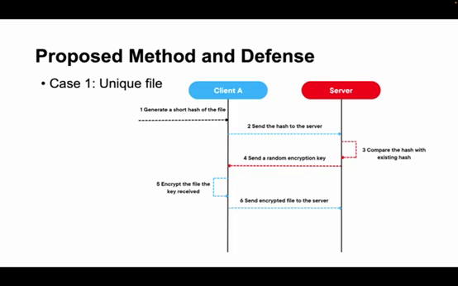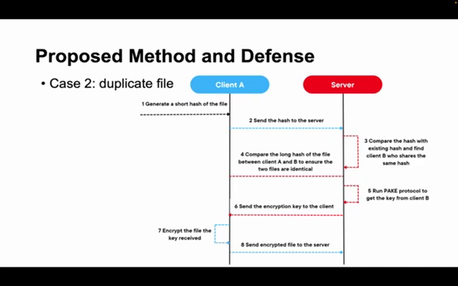In the third step, the server compares the hash with all the existing short hashes it has. If it cannot find one that is identical to the hash it received, it will generate a random encryption key to client A. The client A will use the key it receives to encrypt its file and send the ciphertext to the server for storage.